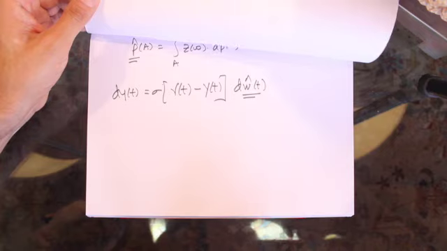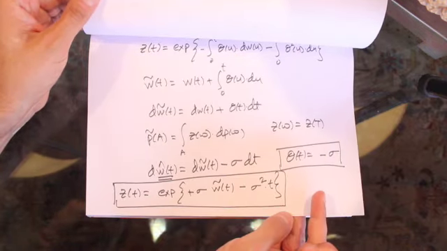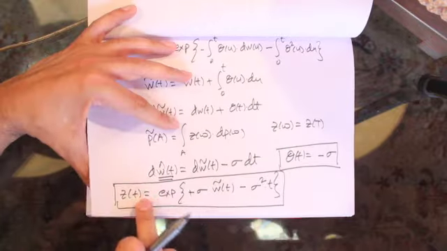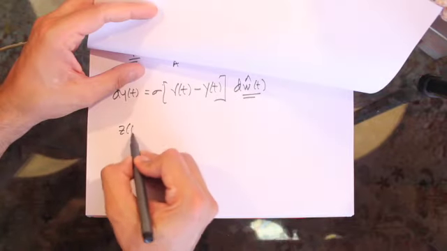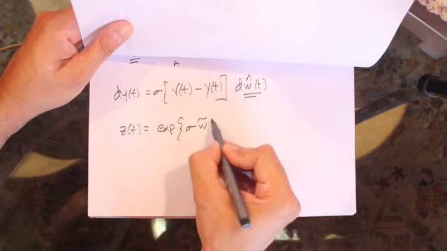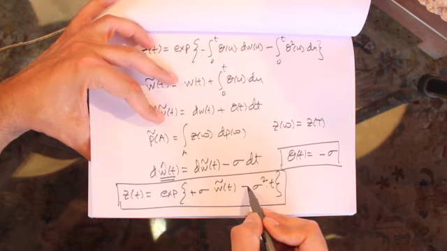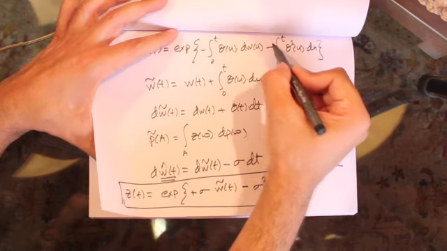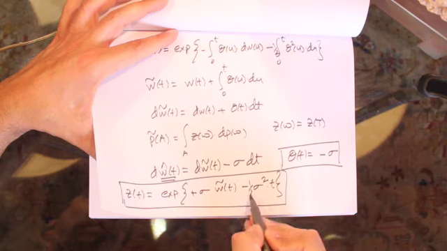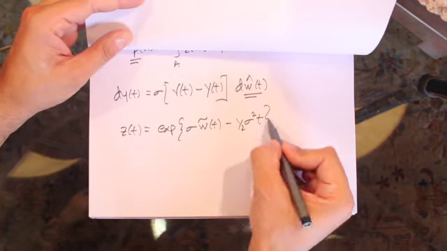Understood? So that was an important thing to note, and Z(t), as I said, is exp of sigma W tilde(t) minus, sorry, there is a half, minus half sigma squared t, right?